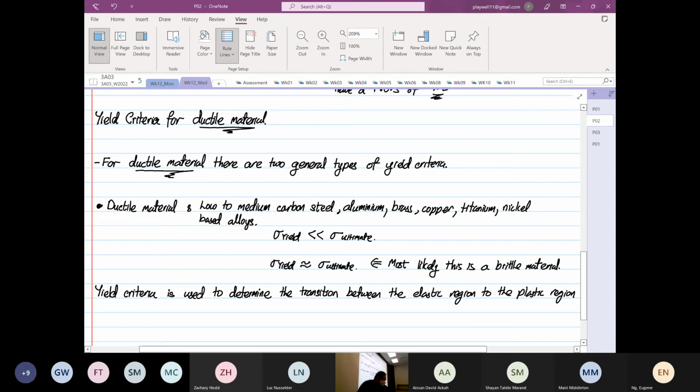For our case, we want the material to stay in the elastic region, right? We don't want it to go into the plastic region.